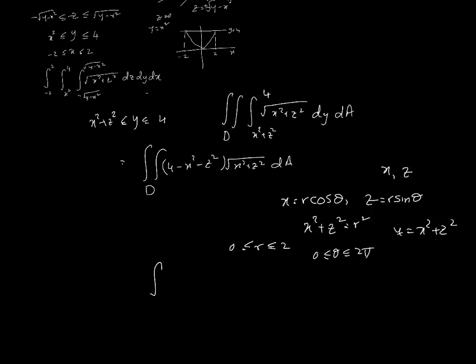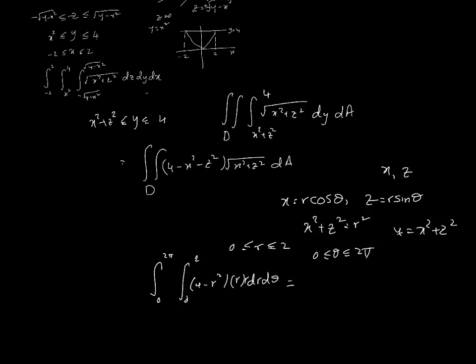So that means the integral will become 0 to 2 pi, and then 0 to 2, and the 4 minus x squared minus z squared will just become 4 minus r squared, and this one will become just r. Okay, and then we'll be doing r dr d theta. That's a very easy integral to solve, in fact quite simple, and you see the power of the polar coordinates here as well, hopefully.